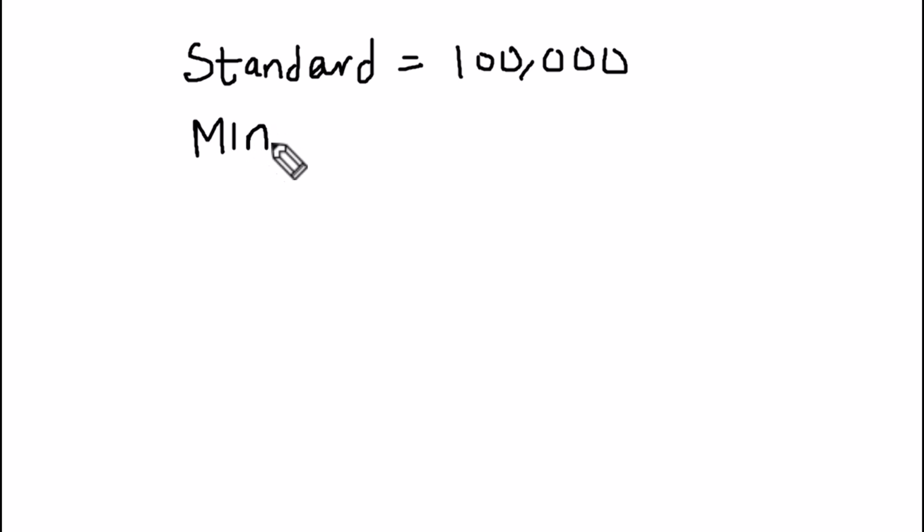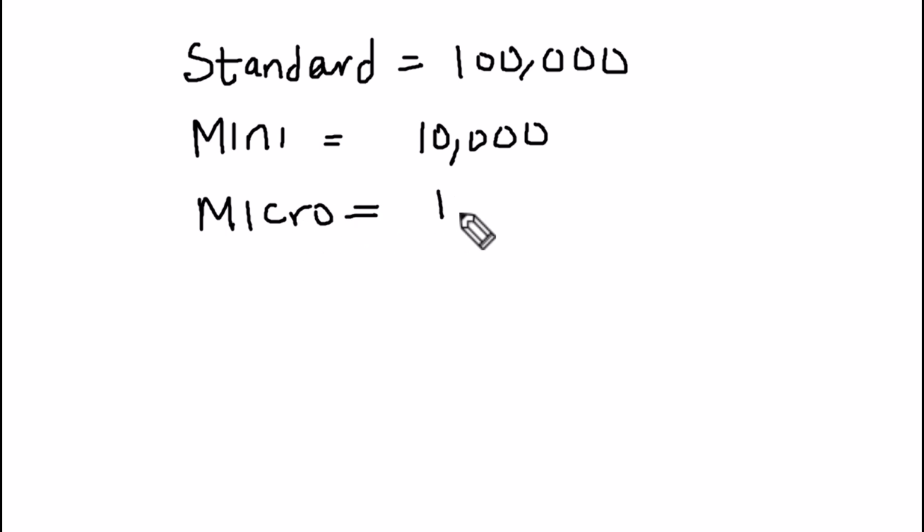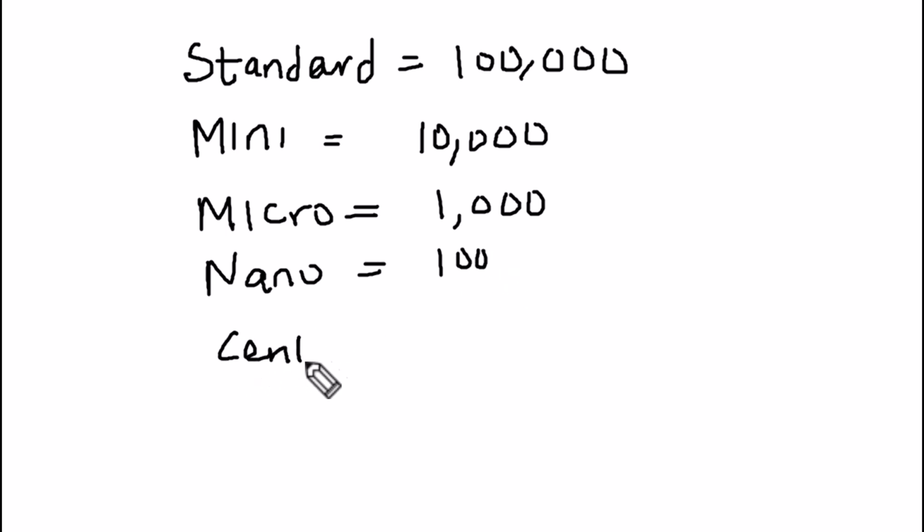Mini account starts from $10,000. Micro starts from $1,000. And nano starts from $100, and I think cents, that will be $10.